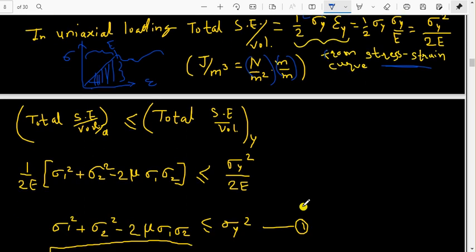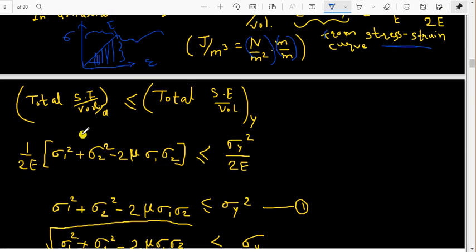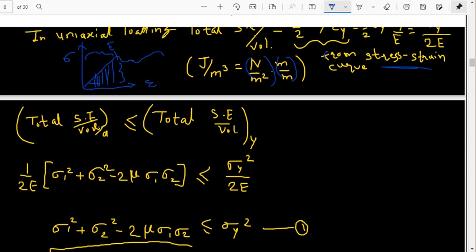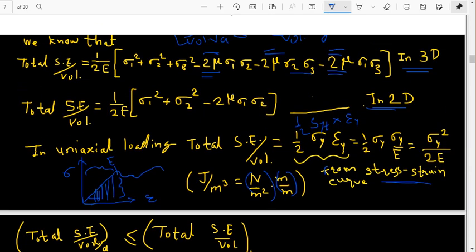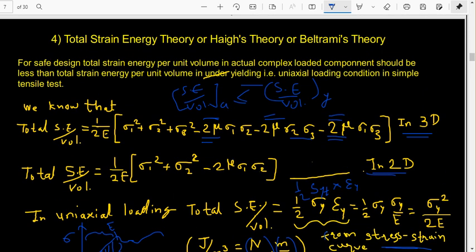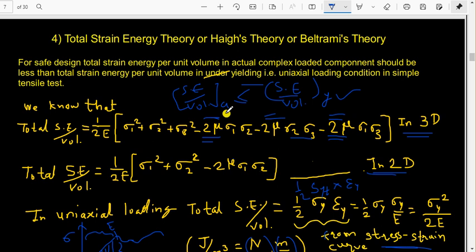Now, according to the statement of this theory, the total strain energy per unit volume should be less than the total strain energy per unit volume in yielding, right? This suffix y denotes the yielding condition, and this suffix a is the actual loading condition.